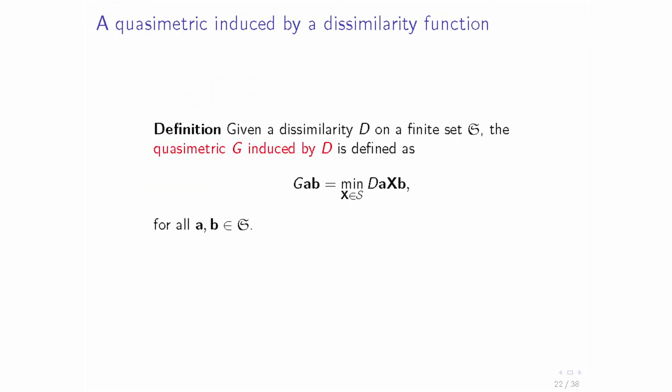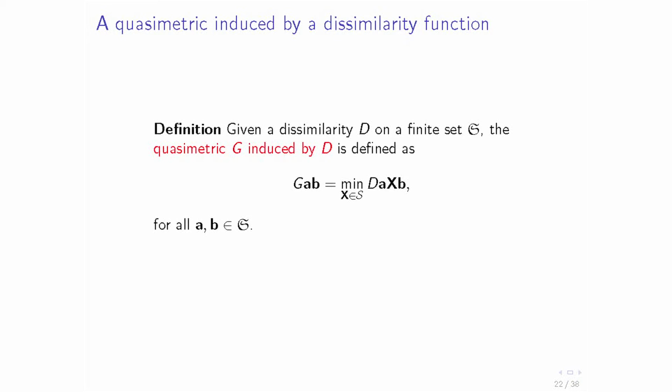now how do we get this quasimetric from this dissimilarity function D on a finite set? Well, it's basically defined as the minimum across all possible chains from A to B, applying this function D in the way that we defined the F earlier.